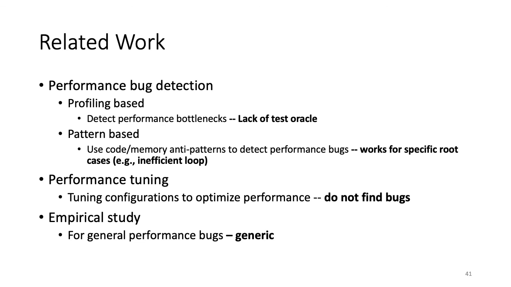And some works focus on optimizing performance via configuration tuning. Their target is predicting and improving performance as a whole, but not finding bugs. Some empirical studies have been done for generic performance bugs, while the possibility that performance property can be designed as a test oracle is still unstudied.